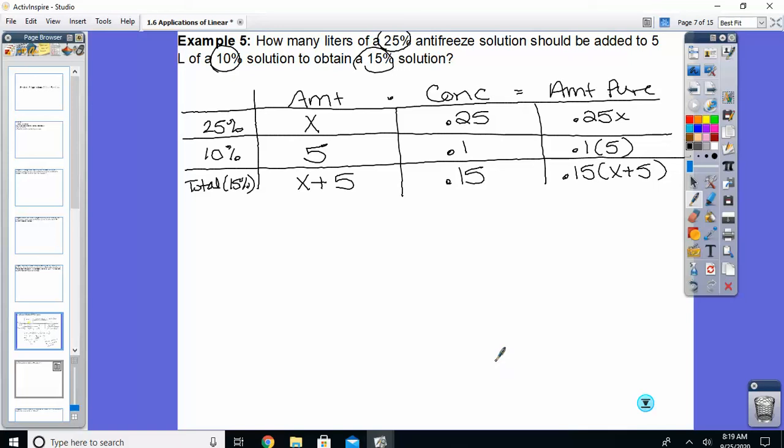From here we write our equation, and how do we do that? We have the amount in the first, the amount in the second, and the amount in the total, so we just add them to equal the total. This plus this equals that.